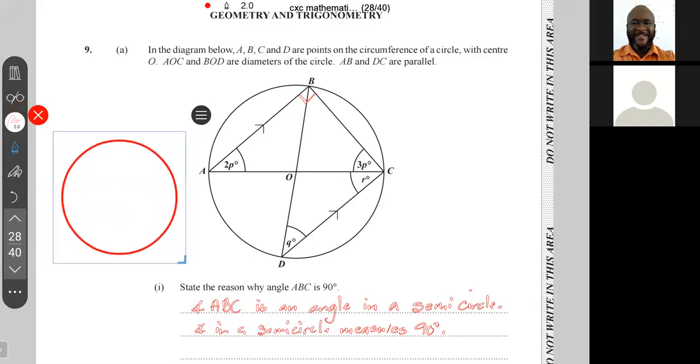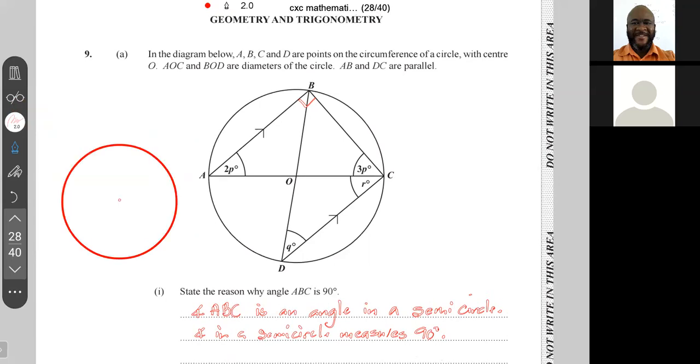If this is the center of the circle, this is a diameter. The diameter is a straight line that passes through the center and divides the circle into 2 equal halves, and a half of a circle is a semicircle.